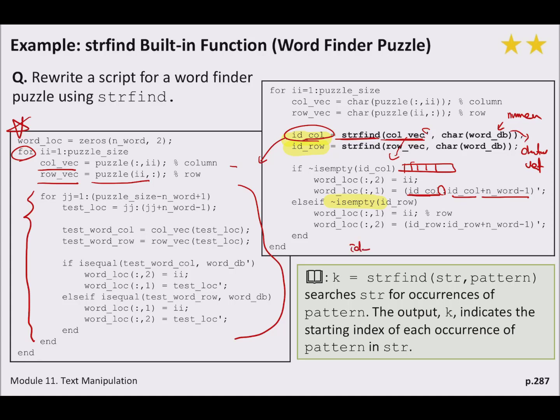So basically id, if there's no word in this given column, will become just an empty vector. This isempty is to check whether the value inside of your variable is empty or not. Okay, it's not empty. This means that there's a word in the given vector.